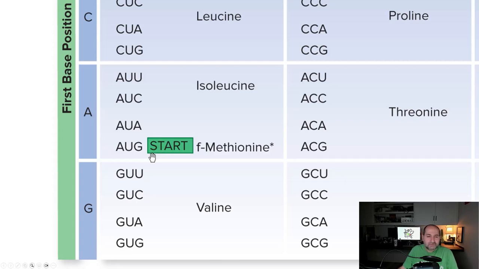It instructs the ribosome to start making a protein. And not only does it do that, but it tells the ribosome that the first amino acid should be the amino acid methionine. So yes, every protein should start with methionine because the start codon itself instructs the ribosome to put down the amino acid methionine.